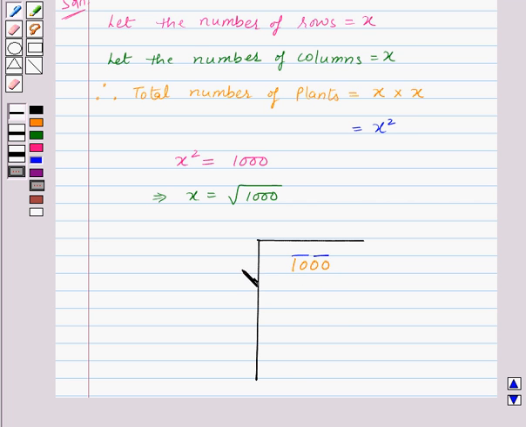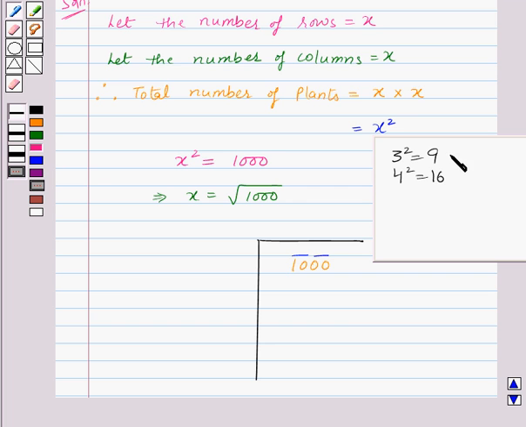Also find the number whose square is less than or equal to the dividend, that is 10. We have 3 square equal to 9 and 4 square equal to 16. So 3 square is less than 10 and 10 is less than 4 square.